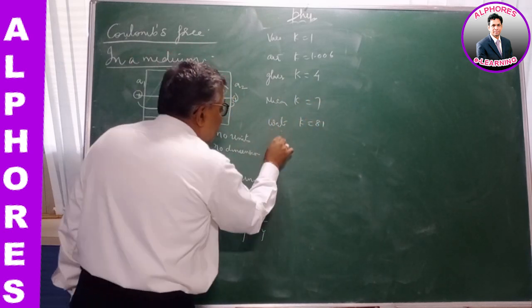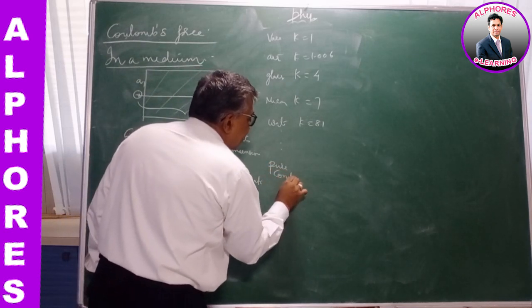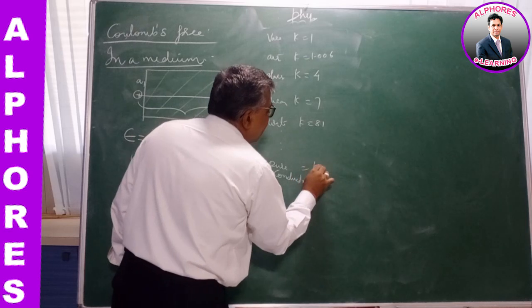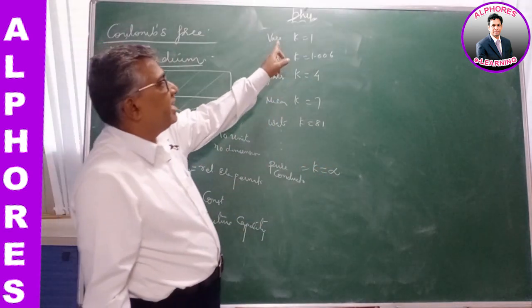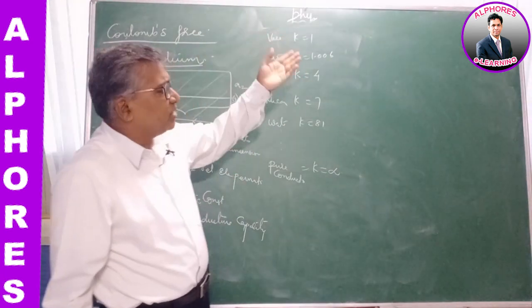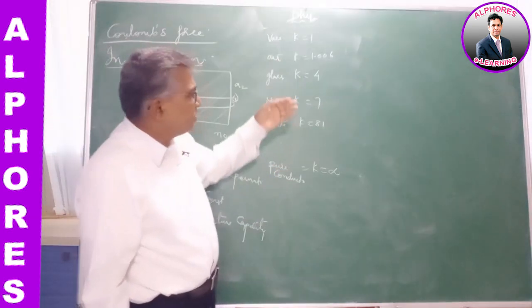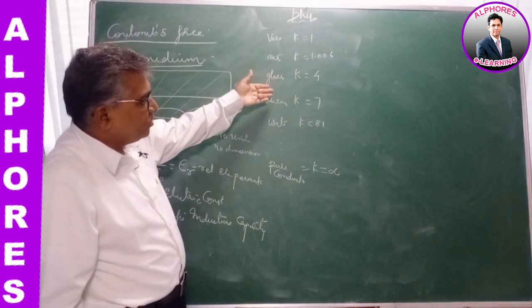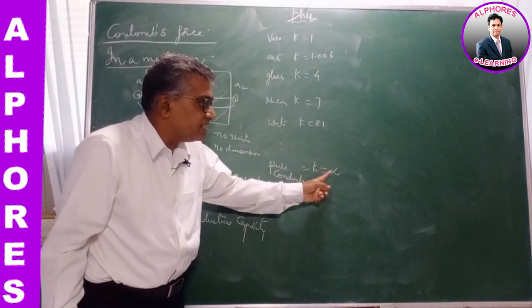For a pure conductor, K is infinity. So the least value of K is for vacuum or free space. Air is a little bit more, but all three you can consider as 1. Air, vacuum, free space, K is always 1. As you consider like this, the K value is increasing. Look, for a pure conductor, it is infinity.